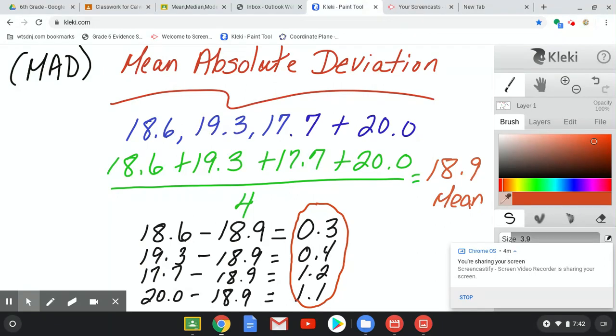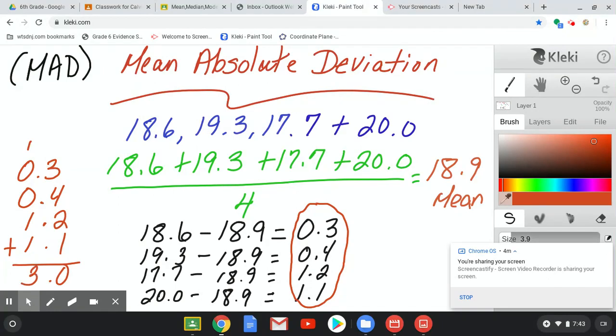I'm going to take 0.3, 0.4, 1.2, 1.1. I would add those, which would give me 3.0.